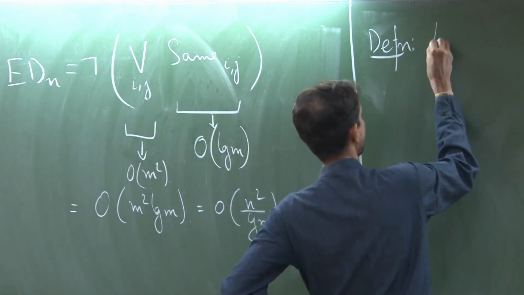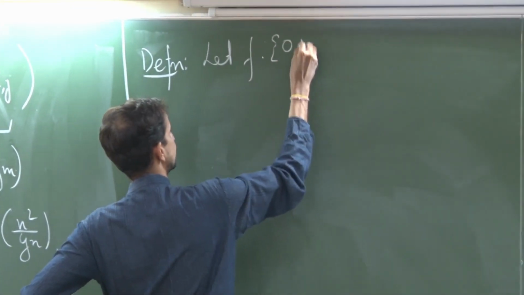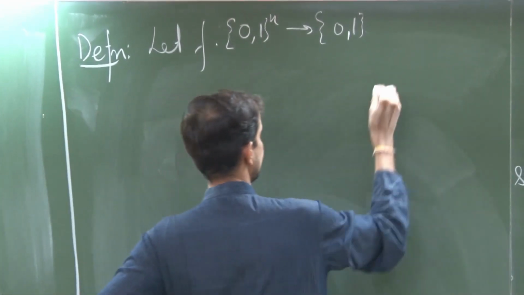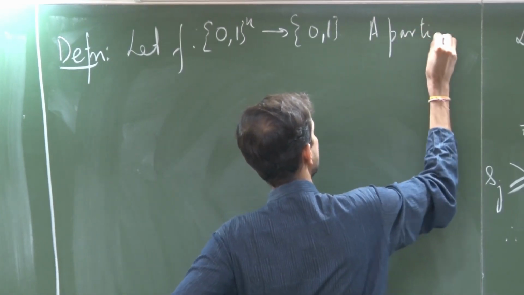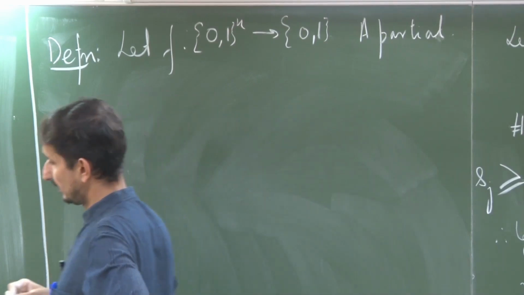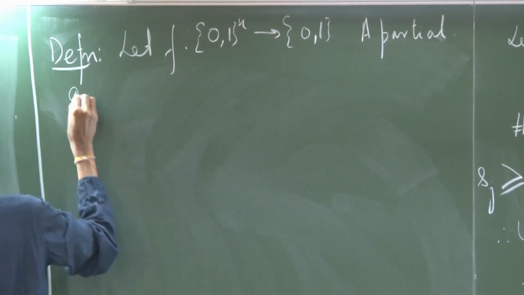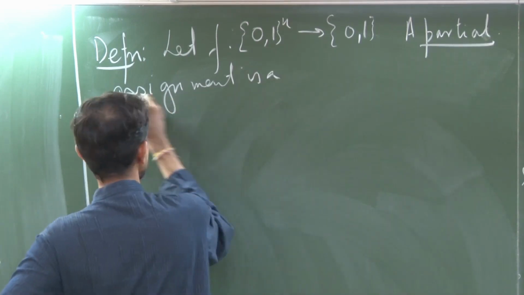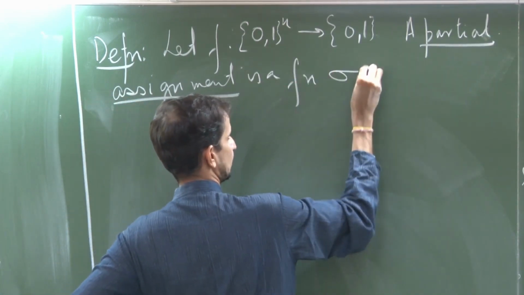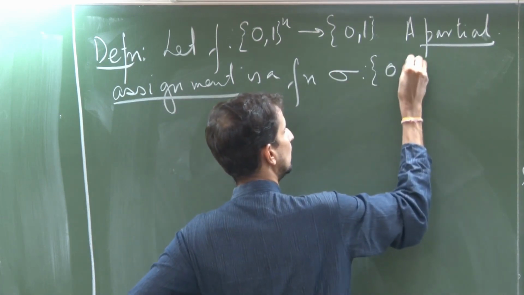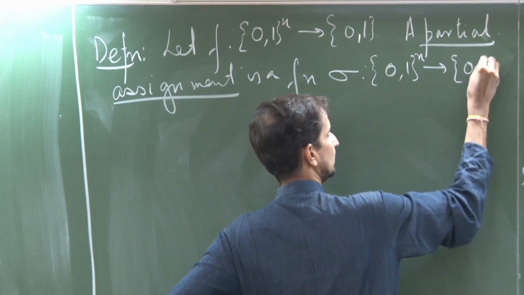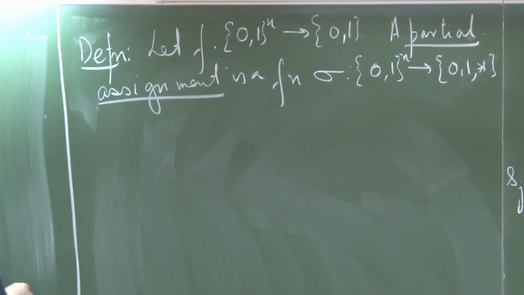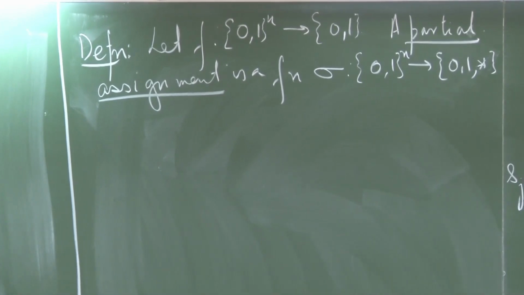Let f be a function, and a partial assignment is a function, let us call it sigma, from {0,1}^n to {0,1,*}, where * is some symbol.